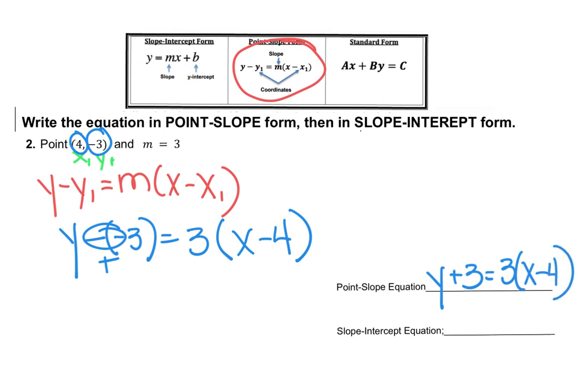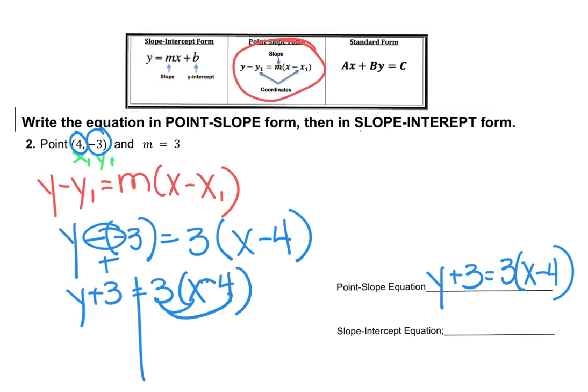So right now this equation is in point-slope form. I'll rewrite it here. Now to put it in slope-intercept form, remember we need to solve for y. So the first step would be to distribute.